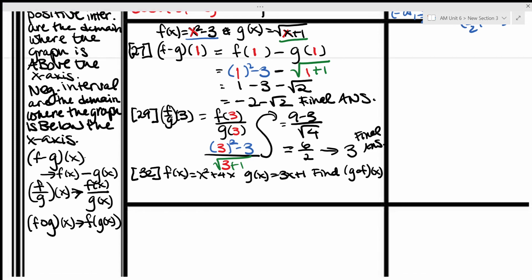So see how g is the one in front? That means this is the outside. So it's going to be 3 times something plus 1. The f being to the right means that's what we are plugging in. So this is going inside here.